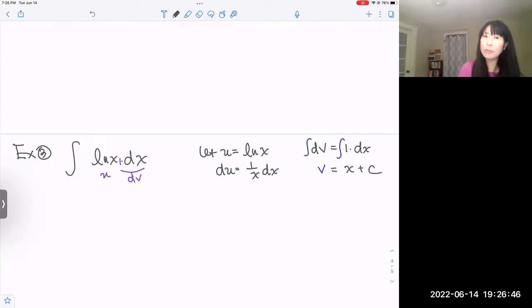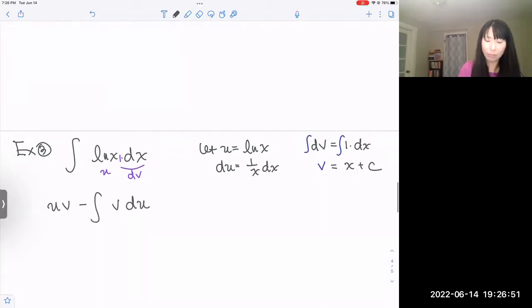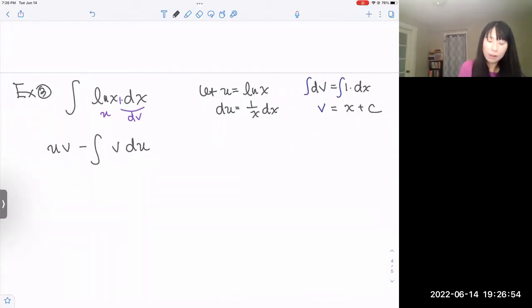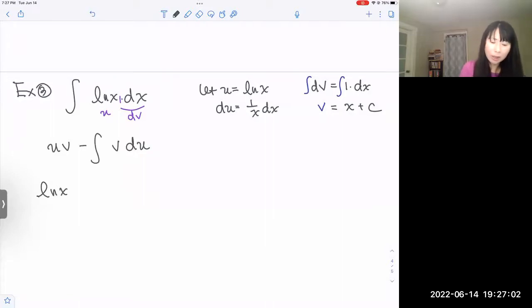All right, then we have the formula, which is uv minus integral of v du. Then u is ln x, v is x. So let me write down the x here, so that you don't multiply it together with ln x. So I am writing the v in front, then minus the integral of v, which is x, times du, which is 1 over x dx, right?